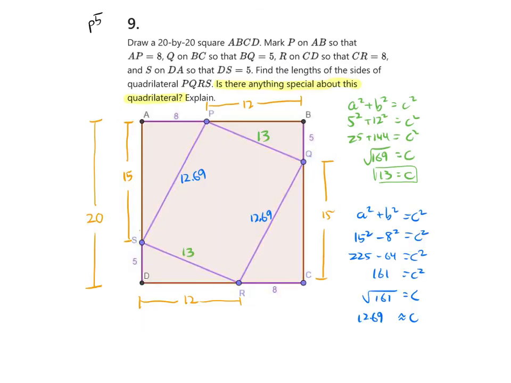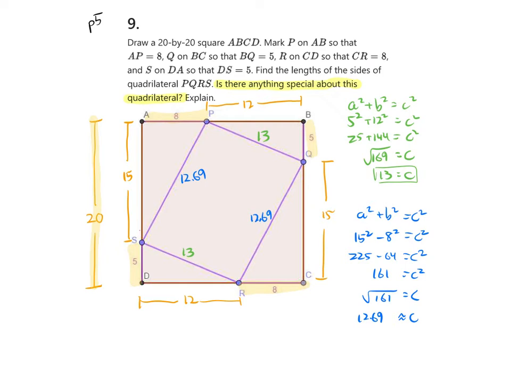The hardest part about this problem, in my opinion, was figuring out what the directions were saying and how long each of these segments are. So this is a 20 by 20 square, and since P is marked 8 units away from A, and all these other distances are measured this way, I think as soon as you draw the diagram, things get easier to figure out.